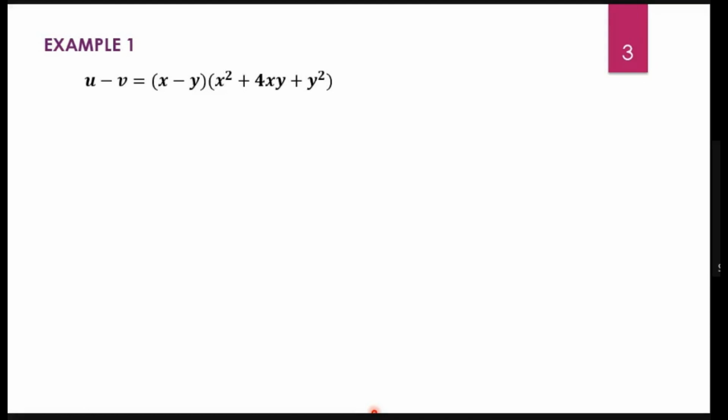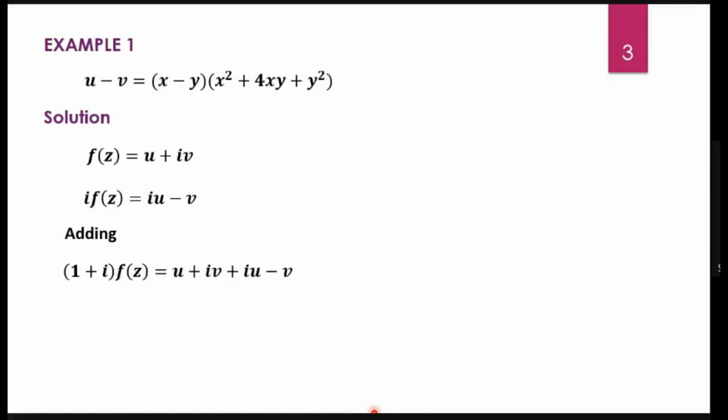So here u minus v is given. We will start again with f of z. The same way whatever we have written in the first slide, we have to repeat here again. f of z plus i into f of z, adding, everything is the same. This entire step will be repeated whenever problems on u plus v and u minus v are asked.